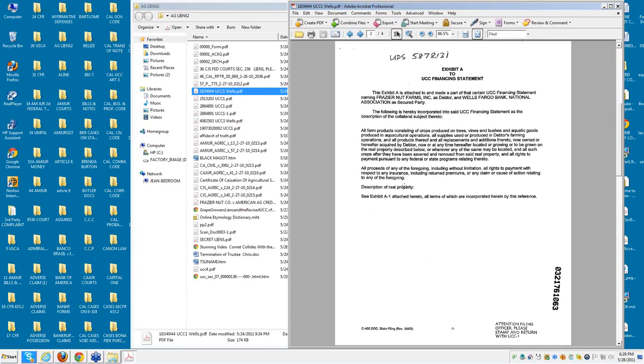You notice it says in there, the borrower covenants that he is lawfully seized of the below described property, lawfully seized and hereby transfers all right, title, and interest in the below described property to the lender.